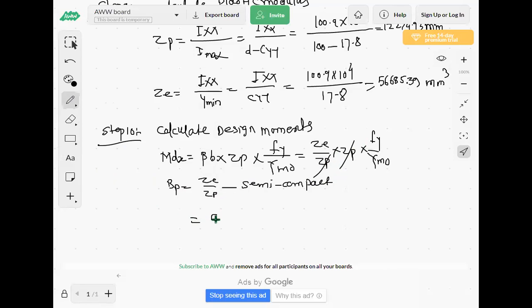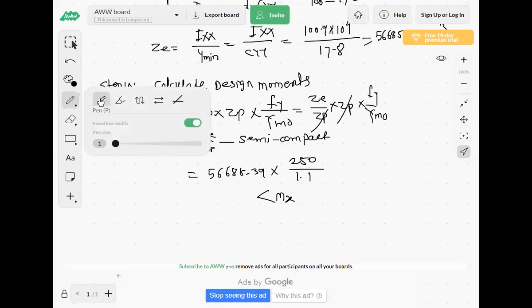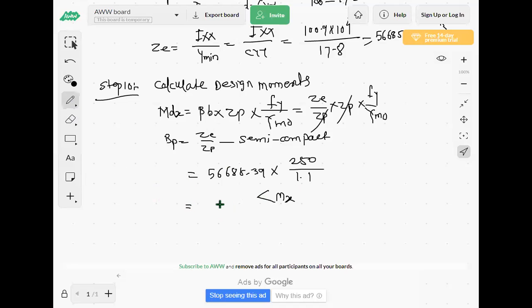So ZE value is 56,685.39 into Fy is 250 Newton per mm square. Gamma m naught is 1.1. So tell me the value of mdx, and it should be less than mx. So tell me fast answers because our time is closing.